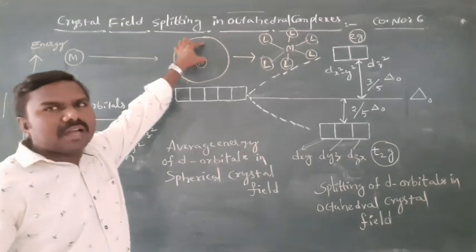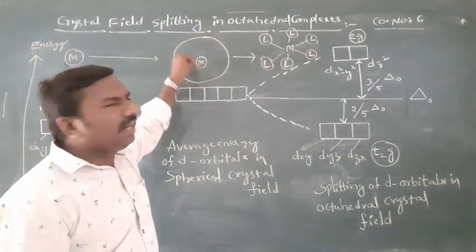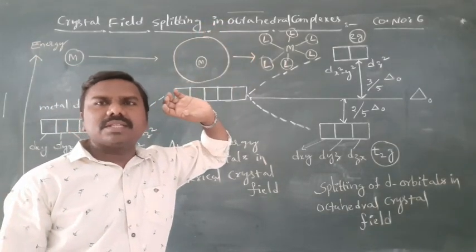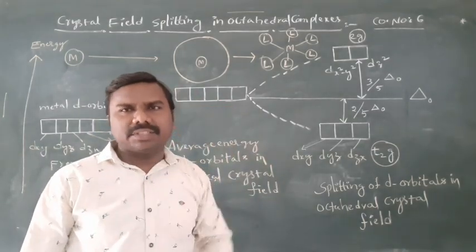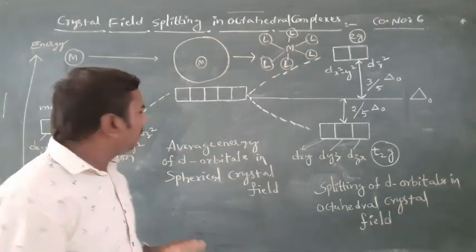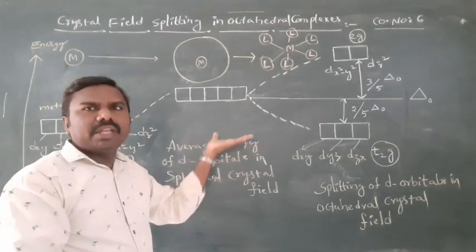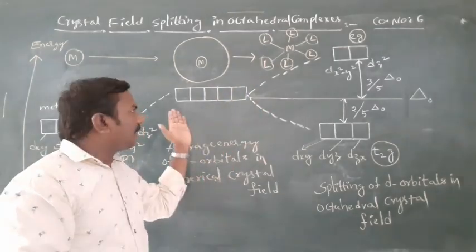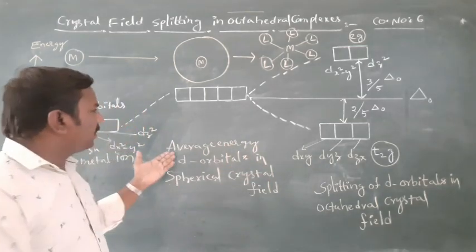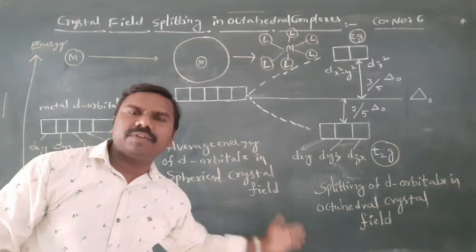So when ligands approach the metal atom, there is a negative crystal field around the metal atom. It is a spherically symmetrical crystal field. Whenever ligands approach, the energy of the d orbitals will increase, but all d orbitals are affected equally. So this is the average energy of the d orbitals in the spherical crystal field.